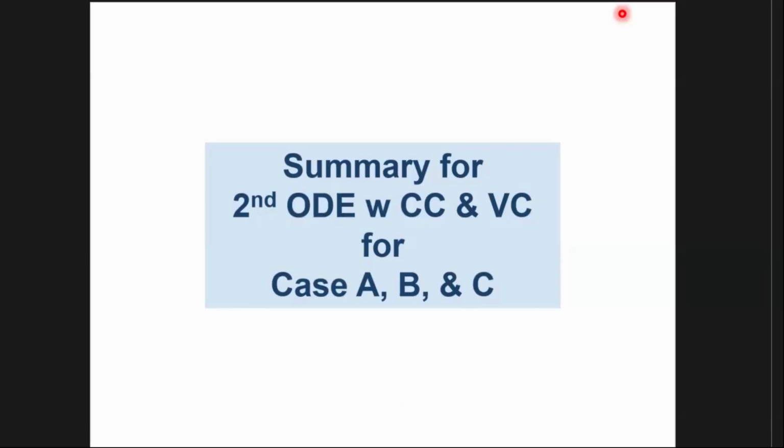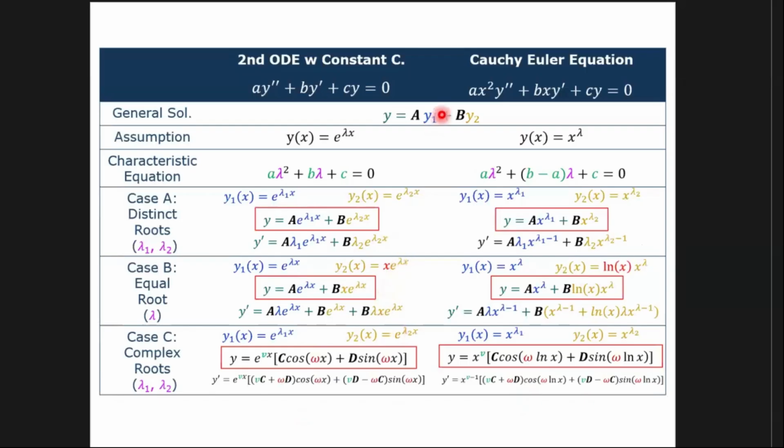Okay, let's see the summary for second order ODE with constant coefficient. I'm sorry, this is supposed to be EC, which stands for Euler-Cauchy equation, for cases A, B, and C. First, please make sure you understand what is an ODE with constant coefficient and what is the Cauchy-Euler equation.